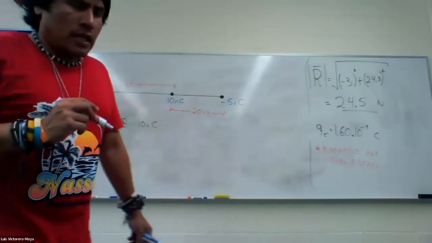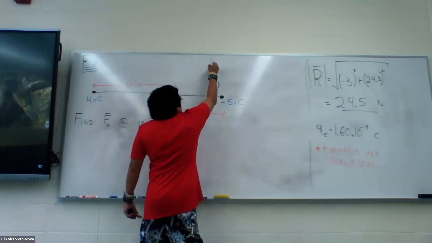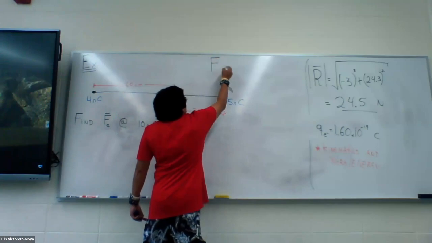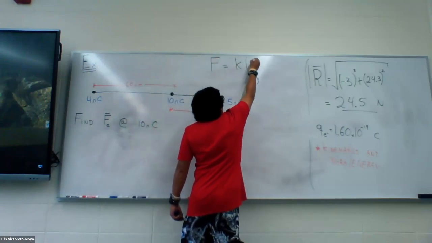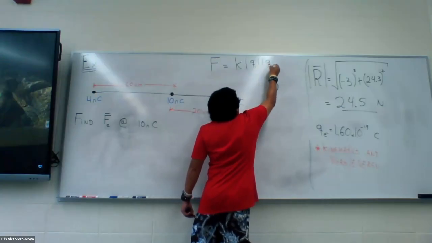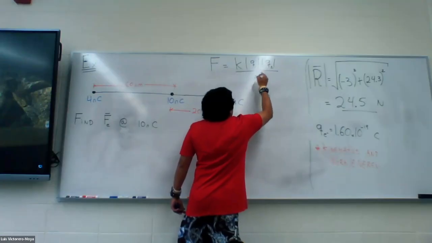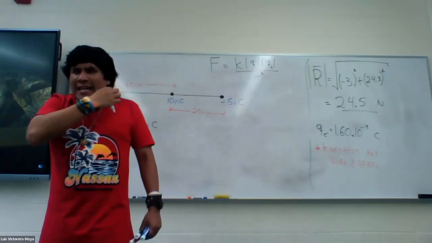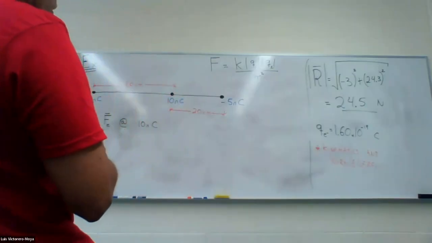All right. So we have to use the equation force equals K Q1 Q2 over R squared. That's the electrostatic force. Now, R has to be in meters.